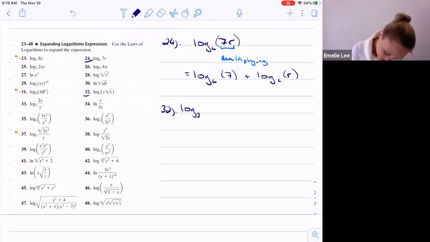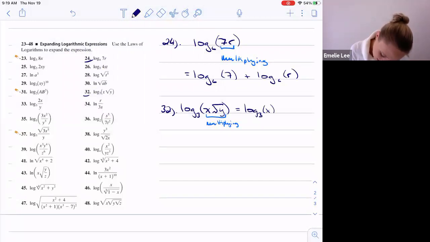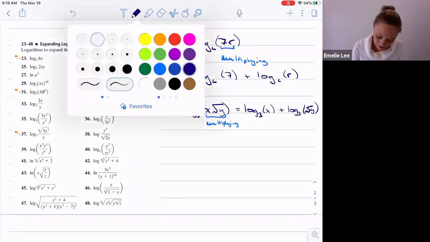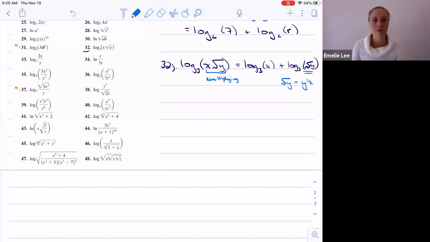So log base 3 is what it was. Log base 3 of x root y. Well, I'm multiplying again, right here. So what I get is log base 3 of x plus log base 3 of root y. Here, root y is really y to the 1/2.